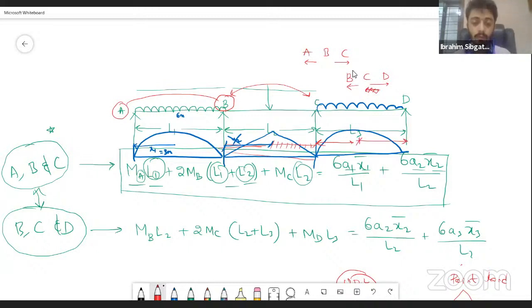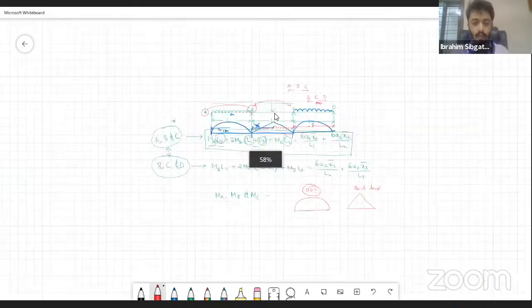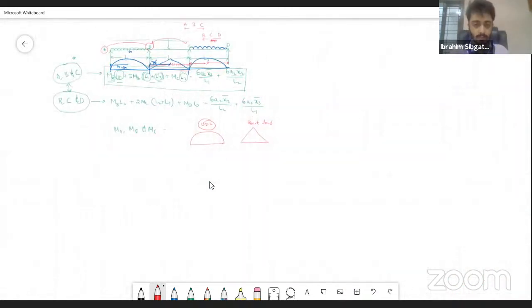So whatever the value of L1 is, half of it will be X2, X1, X2, whatever we are doing. But there is a slight difference when we are doing the point load, which is not exactly at the center. There is a simple formula for that, which I'll be explaining to you when we are doing the problems. So this was about Clapeyron's theorem of three moments.